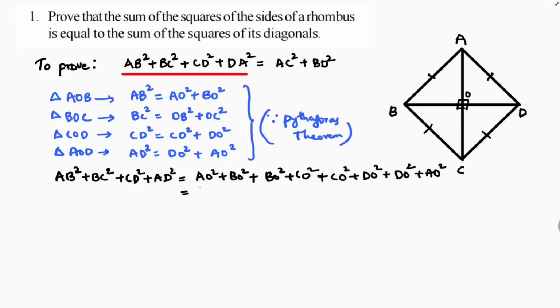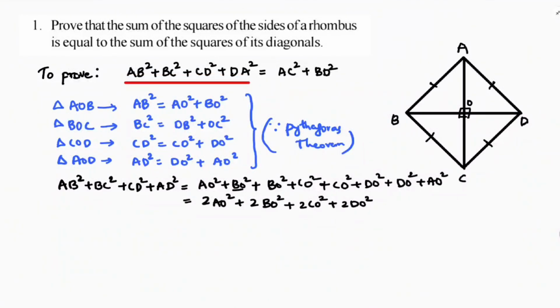If you see carefully, AO and AO, 2 times AO square, 2 times BO square, 2 times CO square, 2 times DO square.